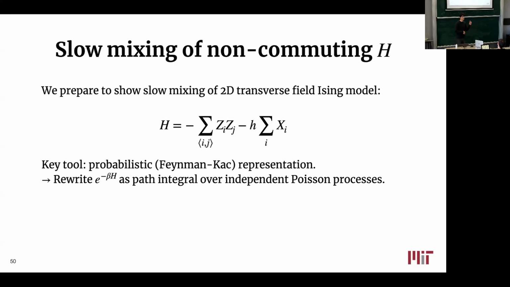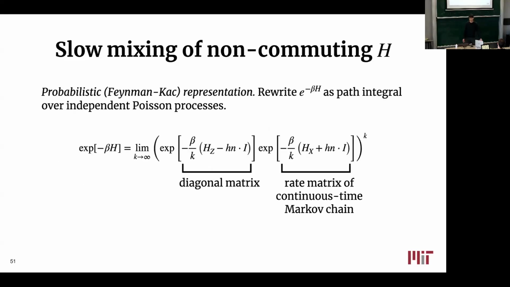What you do is you take e to the minus beta H and write it down as a probabilistic process, which I'm going to make clear for you here at the cost of some math. So you Trotterize it in a very convenient way. It's a common trick, so many of you might have seen this before. You take the part of your Hamiltonian that's diagonal in Z and the part that's diagonal in X, and you divide these up into your two Trotter terms.